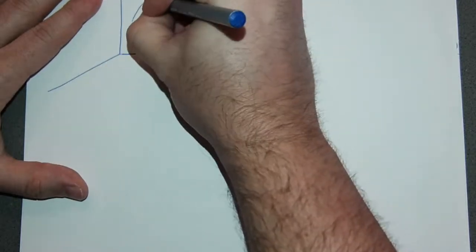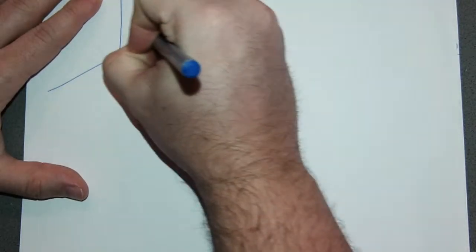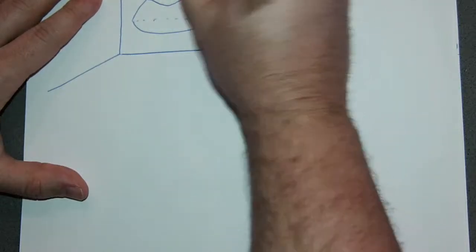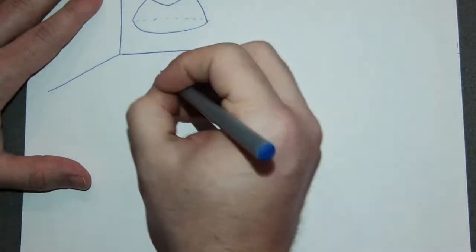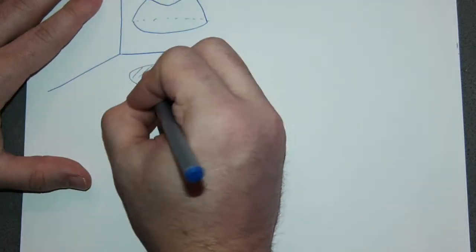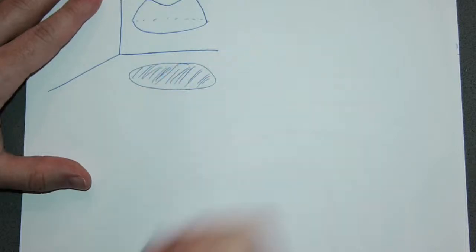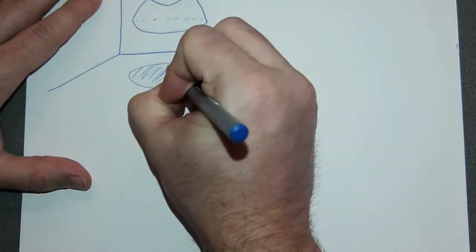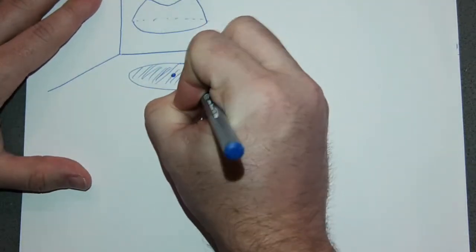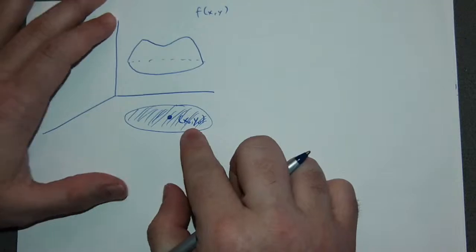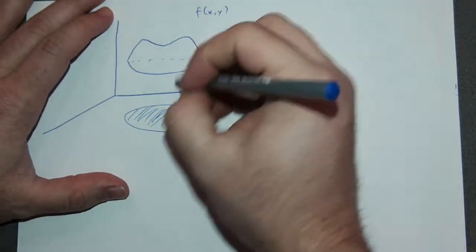If I have the graph of my function out here, so here's my graph of my function f of xy, and let's say we have some region below, that's my domain for this function. In this region, I have my point x naught, y naught. It's hard to see that.